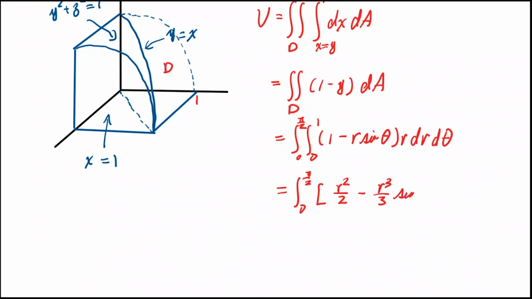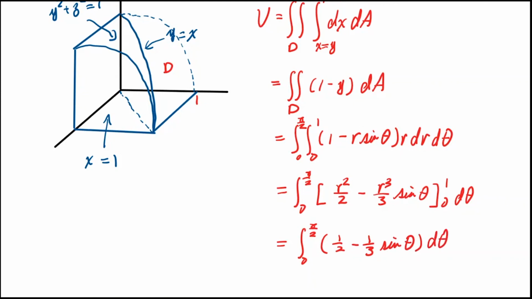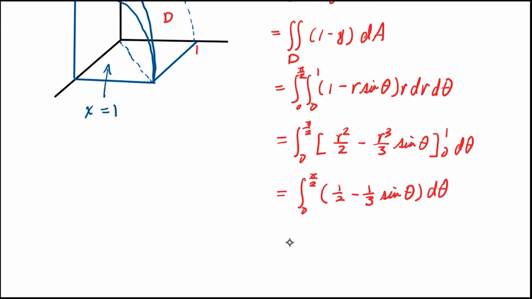And then times sine theta, with r from 0 to 1, theta from 0 to pi over 2. You with me? Okay, simplify that. And then we have 1/2 minus 1/3 times sine theta. Good. Now we'll integrate that.